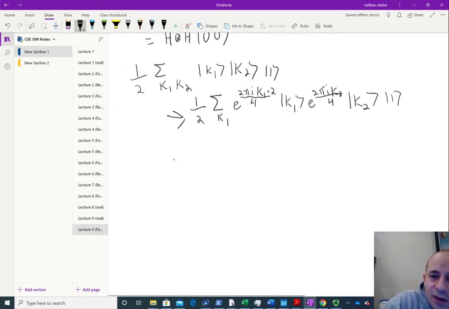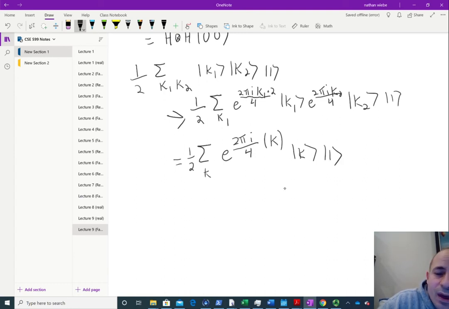Grouping these things together, this ends up giving us the sum over k of 1/2 e to the 2 pi i over 4 times the binary expansion of k, acting on k1. Now we're going to do the exact same trick that we did before.